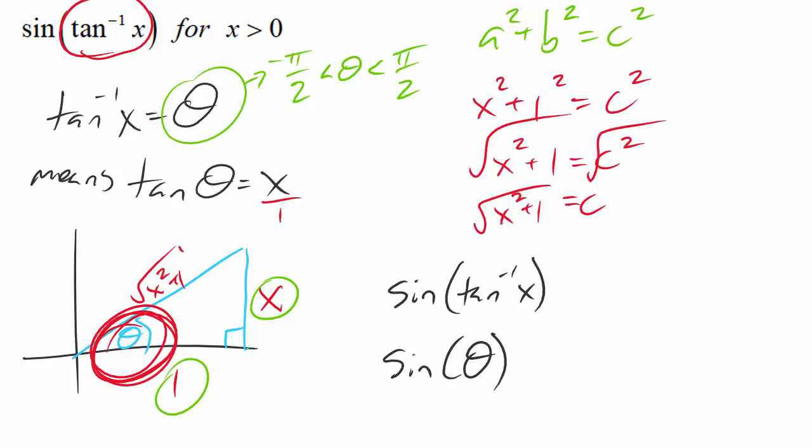So now we just need to take a look and figure out the sine of that angle theta. Sine is the opposite, which is x, over the hypotenuse, which was our square root of x squared plus 1. Ideally, we'd be able to simplify at this point. Unfortunately, there is no simplification that can take place. So this is our final answer, x over the square root of x squared plus 1.